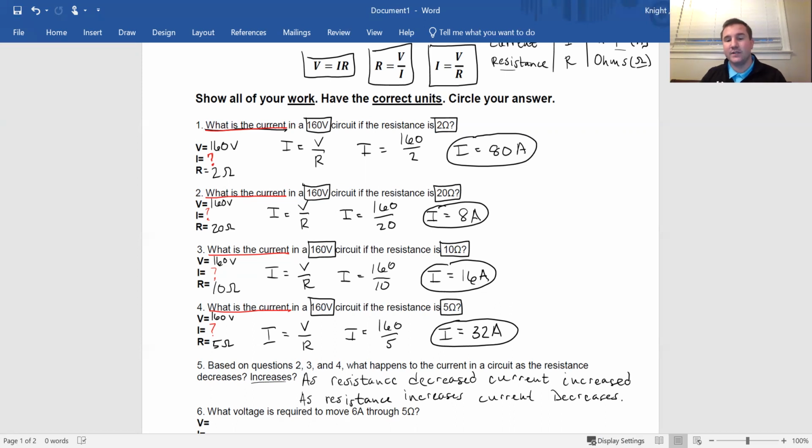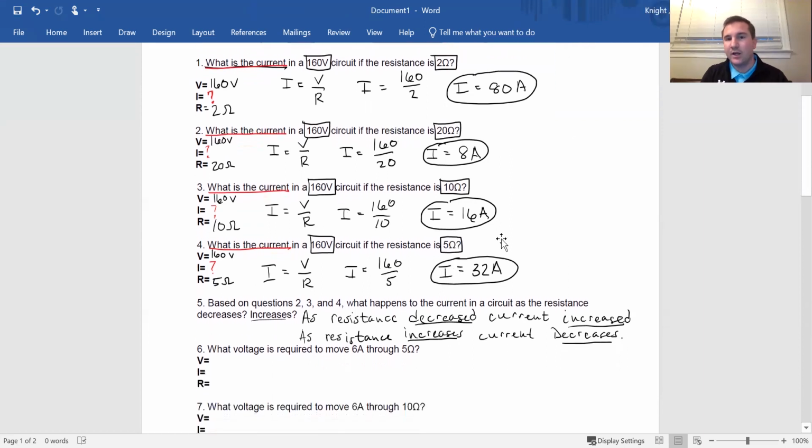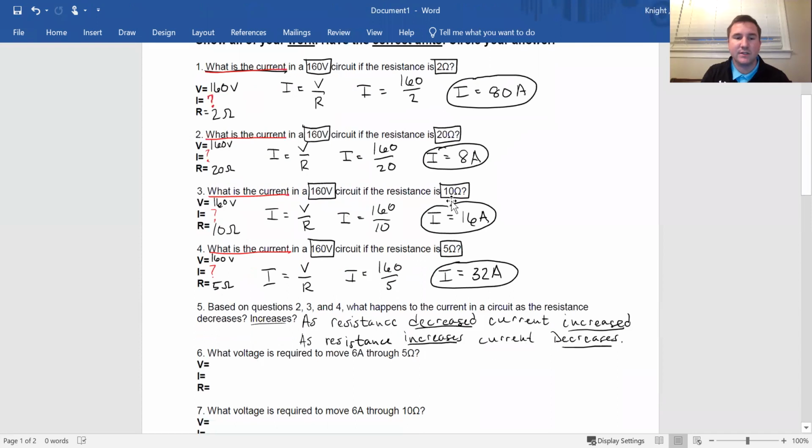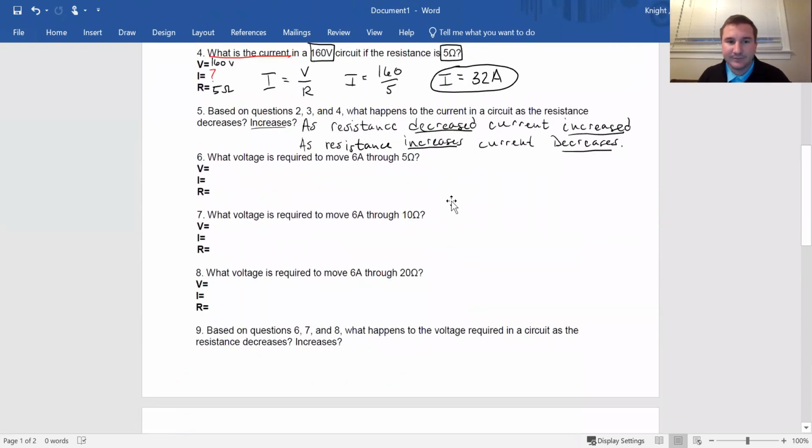All right, more resistance means less current, less resistance means more current. So resistance decreases, current increases. Resistance increases, current decreases. So there's a little summation of what we just learned in the first part there. All right, so all those questions were about current. We were keeping voltage the same while changing resistance. All right, so let's try 6 through 8.